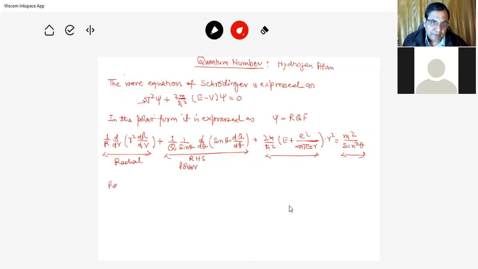So for the radial part, the expression of R is e raised to the power minus alpha r, where alpha is equal to m0 e square upon 4 pi epsilon 0 h square, that we have discussed.